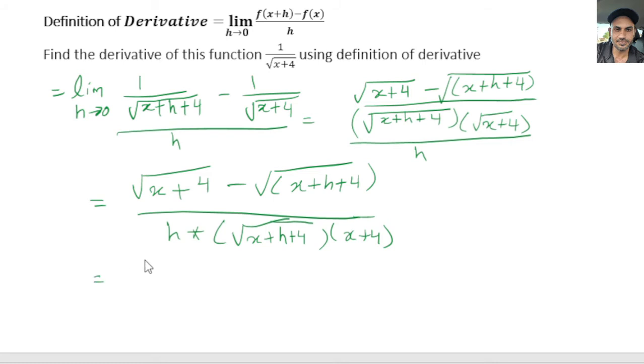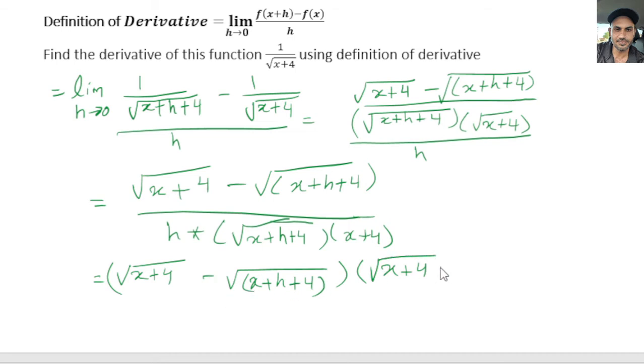So we have square root of x plus 4, minus square root of x plus h plus 4, and then we multiply with square root of x plus 4, and this negative I change to positive, square root of x plus h plus 4, and also divide by the same as we multiply with, to keep it consistent.